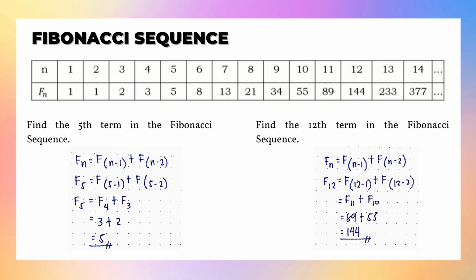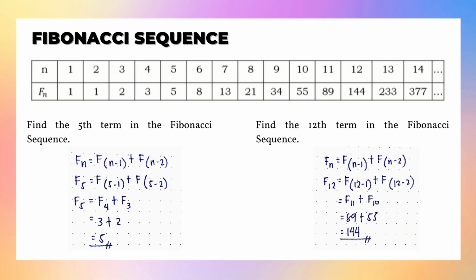Okay, so find the fifth term in the Fibonacci sequence. By using our formula, pinalitan ko lang yung n ng 5. So, magiging 5 minus 1 yung nasa unang naka-enclose sa parenthesis, at sa pangalawa naman magiging 5 minus 2. Kukunin natin yung f sub 4 sa table and that is 3, and yung f sub 3 naman is 2. So, 3 plus 2 is 5, which means yung f sub 5 natin is equal to 5, which is tama.